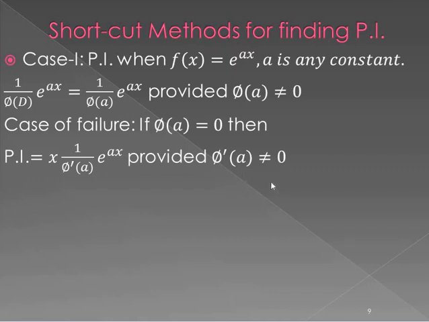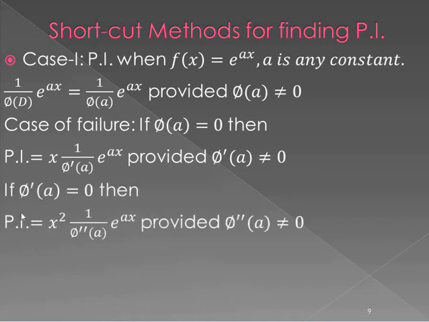When phi dash of a is 0, then the second condition is P.I. is x square into 1 upon phi double dash of a into e raised to ax, provided phi double dash of a is non-zero. By using this method we have to find the particular integral.